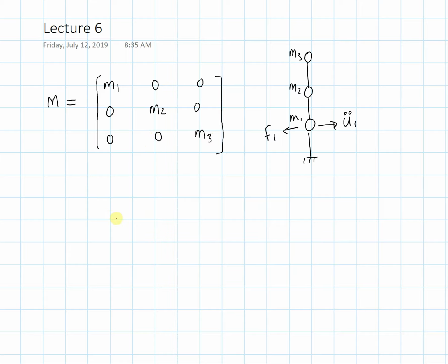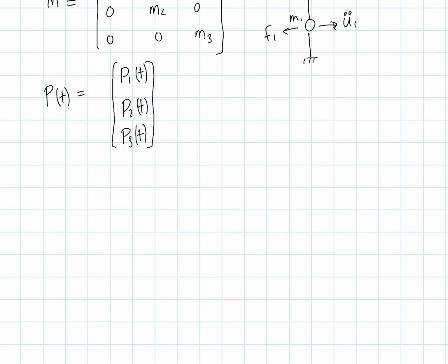Okay, and lastly, I can create a vector of all my forces. So I'll have P1T and P3T. This is really what we have. And putting all these together, I'll have my mass matrix.